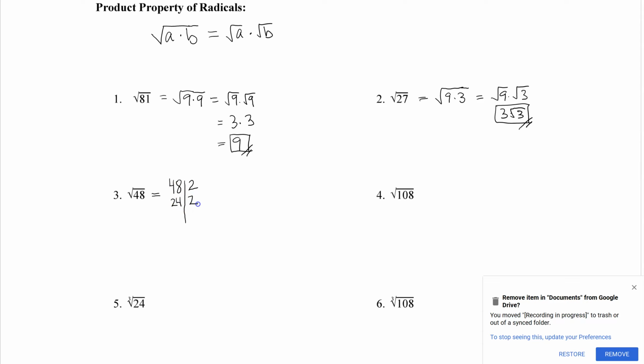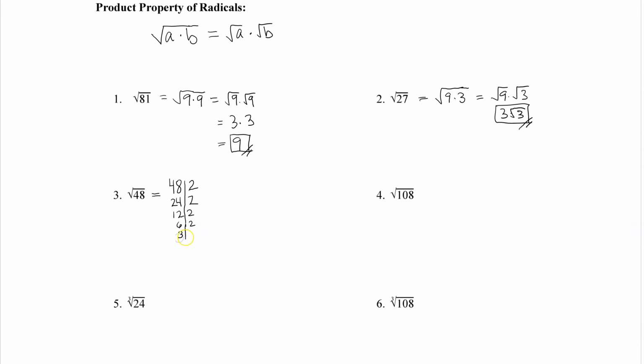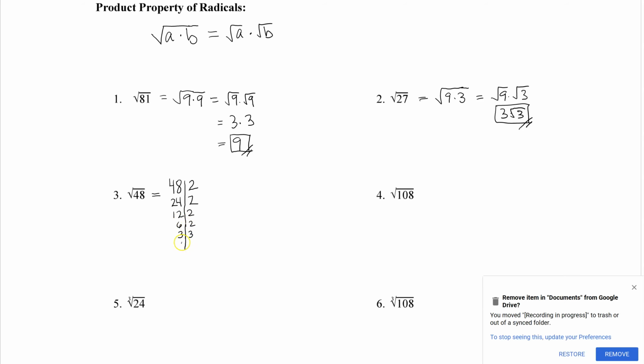And then 2 goes into 24 12 times, because 12 times 2 is 24. And then 2 goes into 12 6 times, and 2 goes into 6 3 times. Now 2 will not go into 3, but 3 will, and it goes in 1 time.